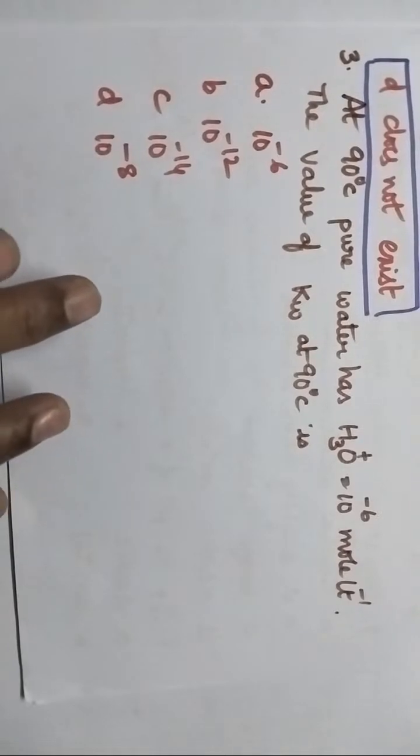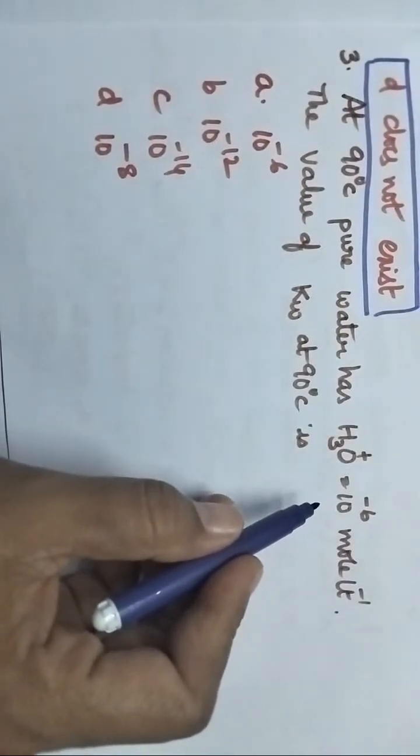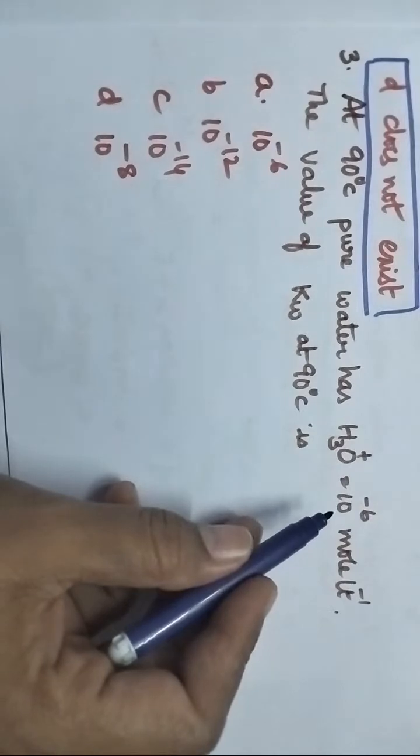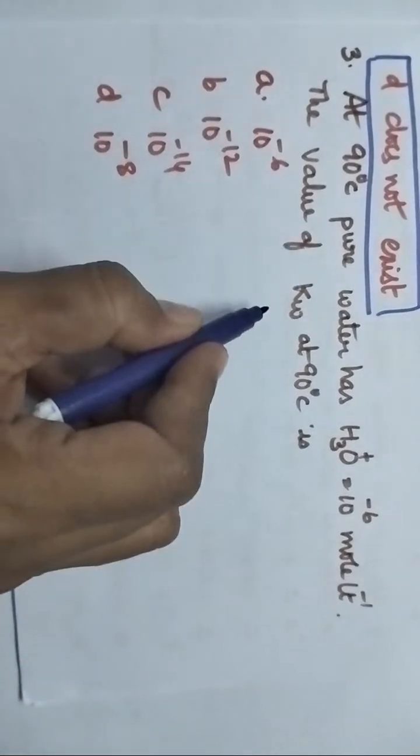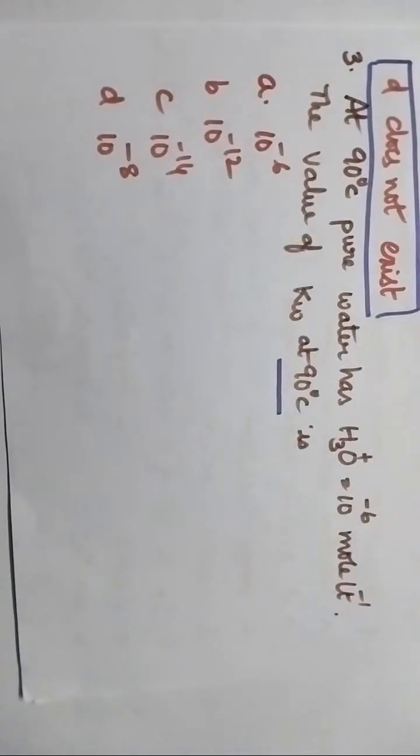At 90 degrees centigrade, pure water has H3O plus ion concentration as 10 power minus 6. Now find the value of Kw at 90 degrees centigrade. It is also a logical question. You think twice, then answer.